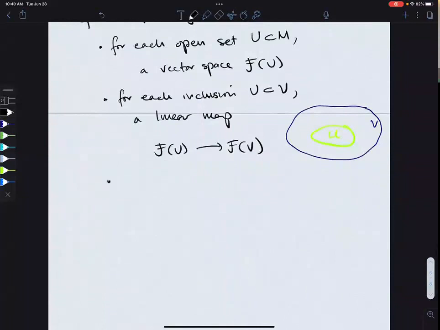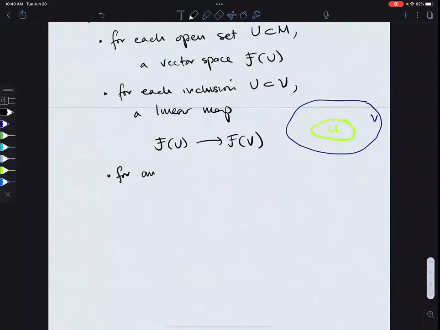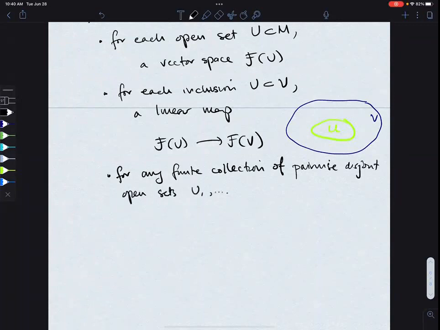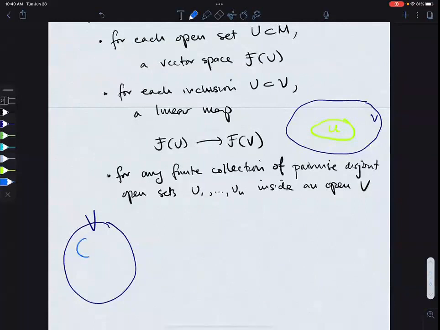Now here's the really interesting bit. For any finite collection of opens that are pairwise disjoint, U1 through UN, all inside an open set V. So again, picture V here, and a bunch of smaller open sets, U1, U2, U3.